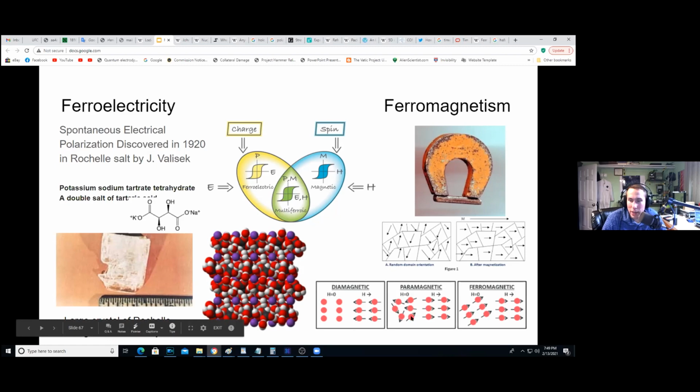Paramagnetic means it will line up and become a magnet as soon as you put any kind of magnetic field on it. So an iron bar that's not magnetized is paramagnetic. It will become magnetized. But if it's already magnetized, then it's ferromagnetic. And if it doesn't get magnetized at all and it's completely inert, then it's diamagnetic.